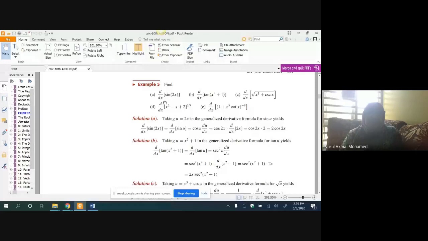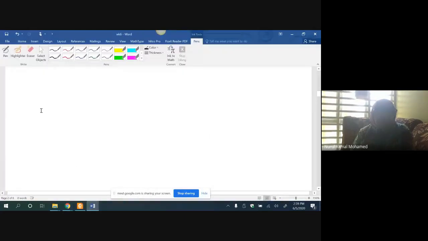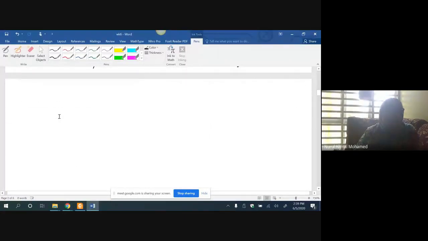So we have d/dx of sine 2x. How are we going to solve this? For chain rule, you have to express this 2x as another variable.